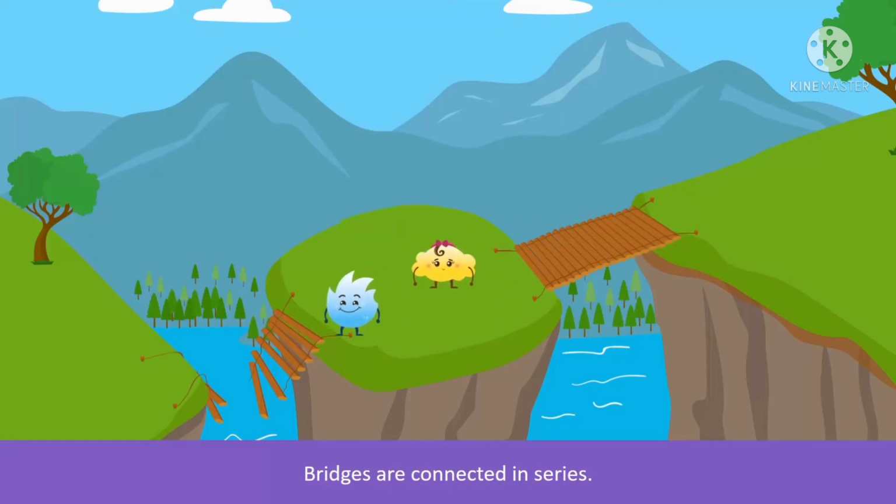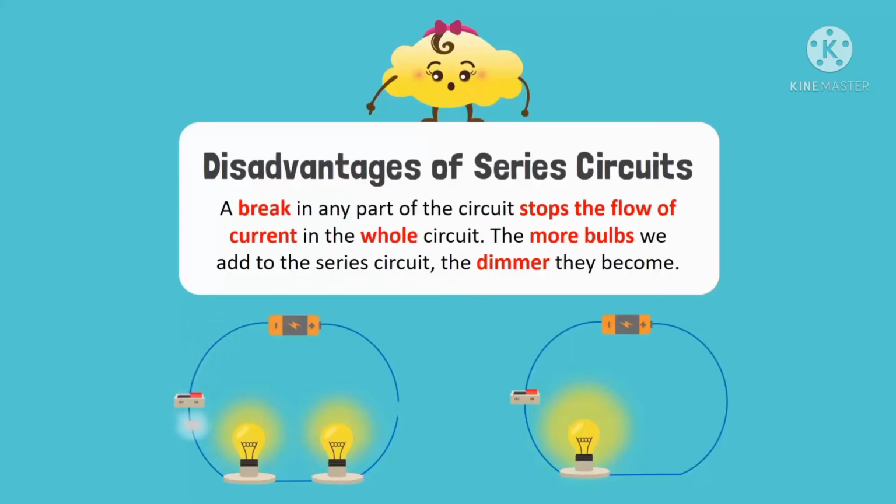Can you cross to the other side? No, we can't. Exactly. This is the disadvantage of a series circuit. A break in any part of the circuit stops the flow of current in the whole circuit. Another disadvantage is that the more bulbs we add to the series circuit, the dimmer they become.